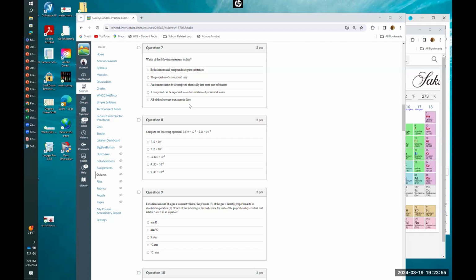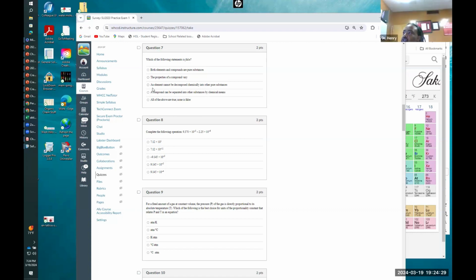Would it be the first one? So that is false, because while elements are pure substances, compounds can be broken down into elements, which are pure substances. They can, but aren't they also pure substances? Because if I have pure sugar, all of the molecules are the same. Can it be C?